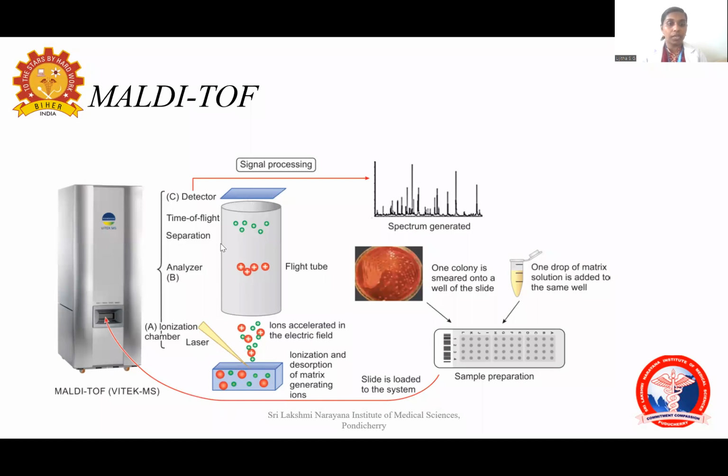They move on to the flight tube, which is the analyzer tube, and here, based on the mass, they are separated. That is why it is called time of flight, the time it takes to move through the tube. Based on the mass, they move, and finally in the detector, the signal is processed.